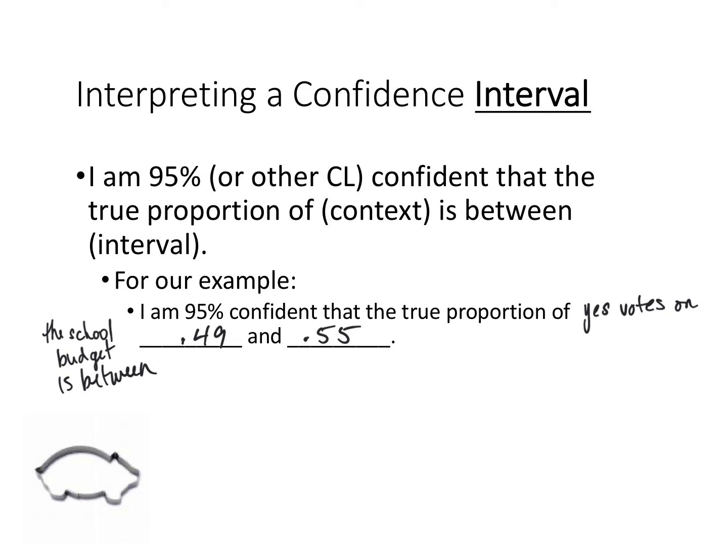That was the interval we wrote on the previous slide. We're 95% confident that the true proportion of yes votes on the school budget is between these two numbers.